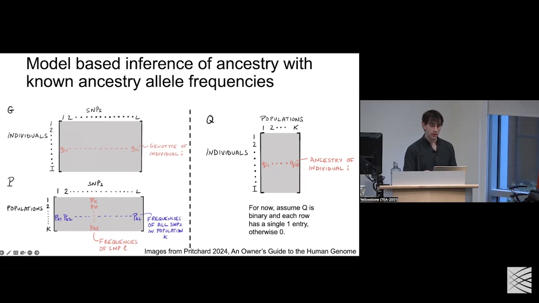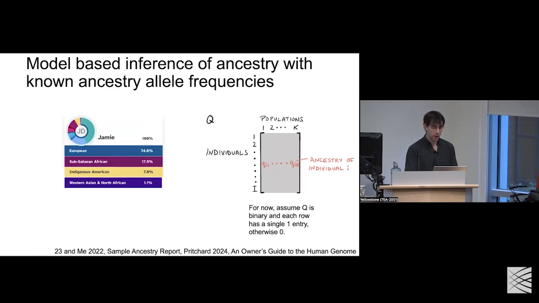And so for now, just to make things simple, we're going to assume that Q is binary and that each row has a single 1 and all the rest of them are zeros. And so this corresponds to the assumption that all of our individuals have ancestry from 1 group each. So there's no admixture. This isn't a good assumption, but we'll relax it in a second.